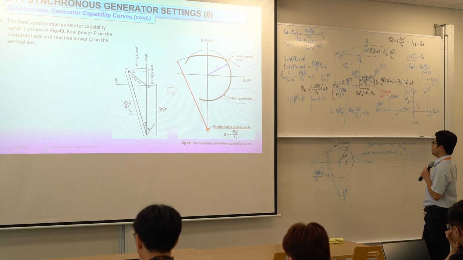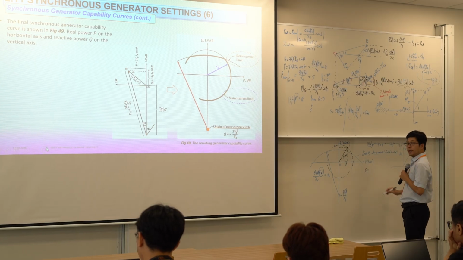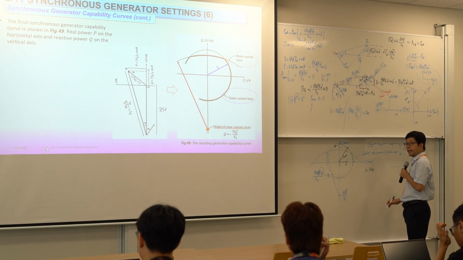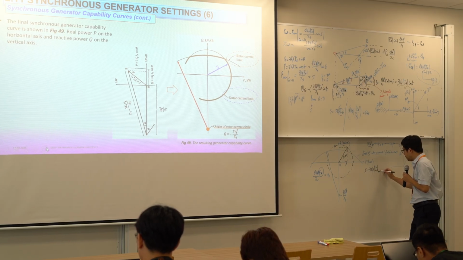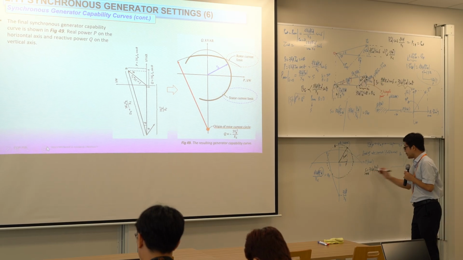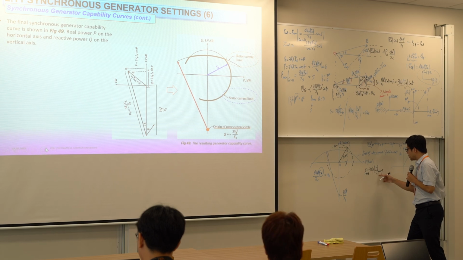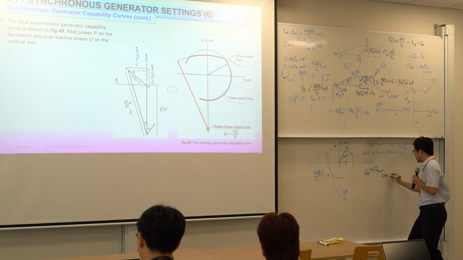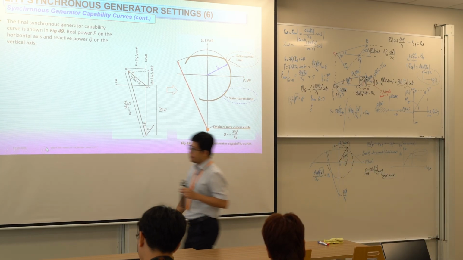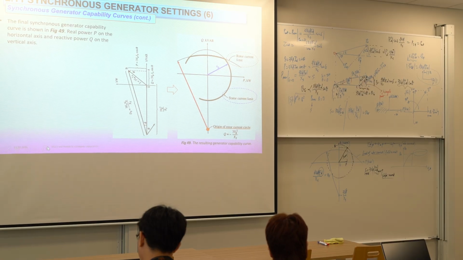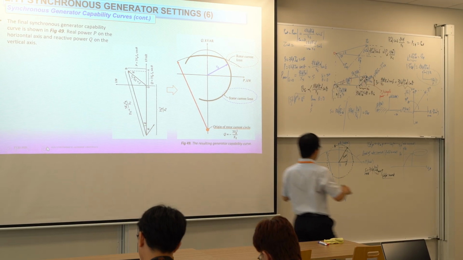So what is this circle? We have S equal to 3 V phase IA. If we have IA max, you get S radius, so S max, right? When we increase IA, that means we increase stator current. So we have this curve.